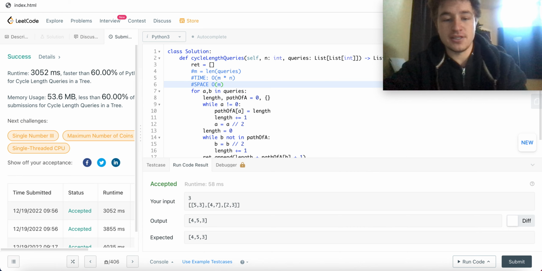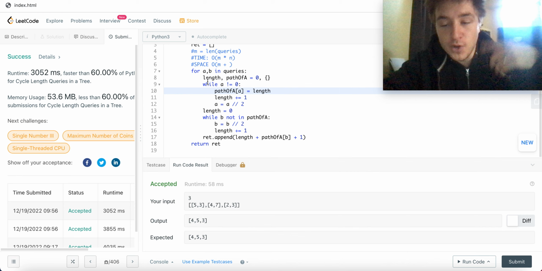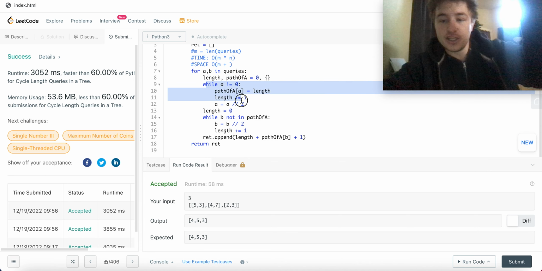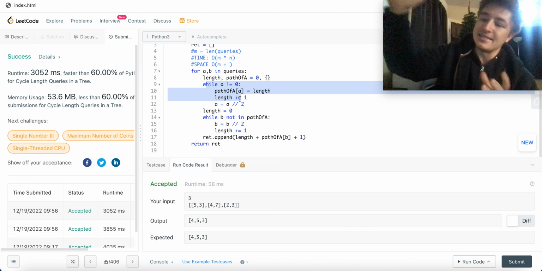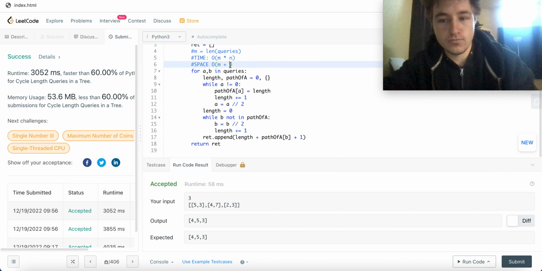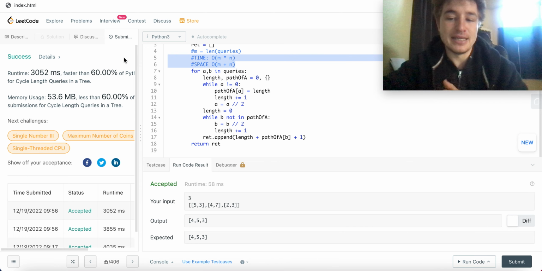And then for each query, we recreate a new path of A, where we find out how long it took to get to the root. So that's going to take N space, because that entire path could be the height of the tree. So this is M times N time and M plus N space.